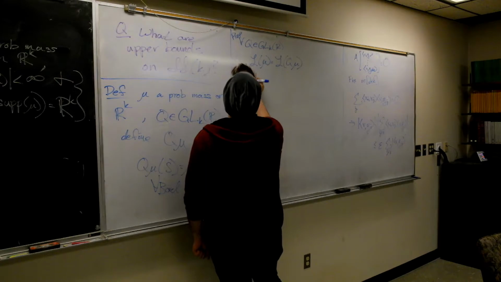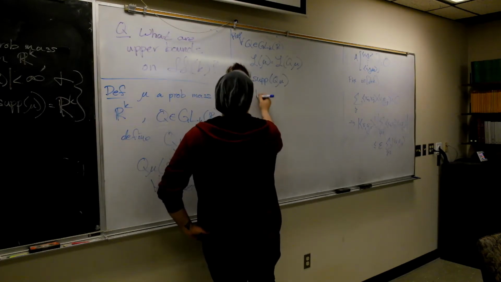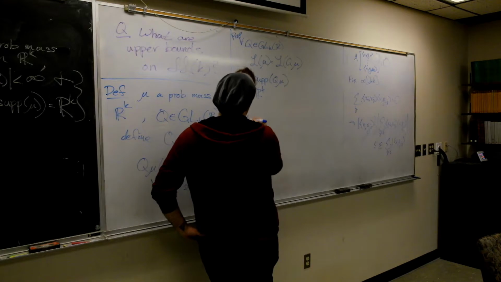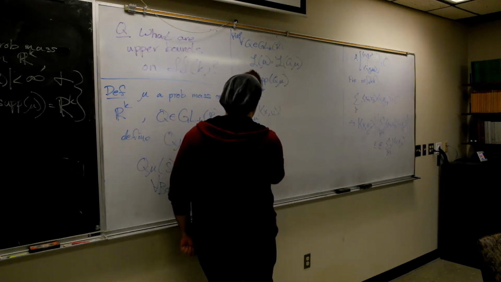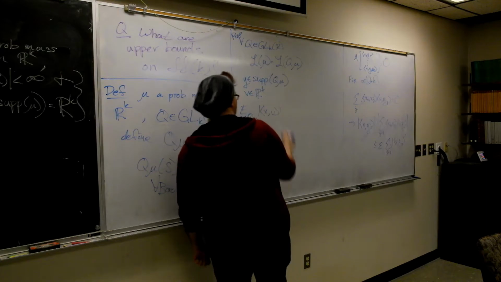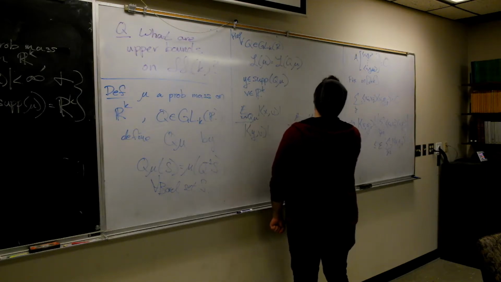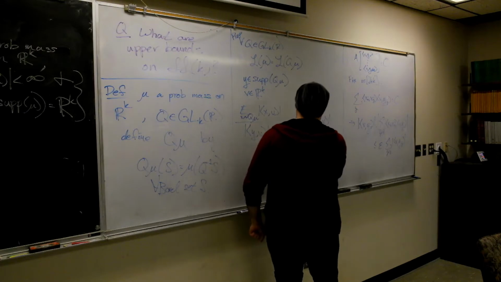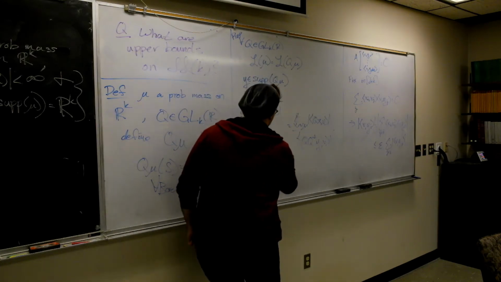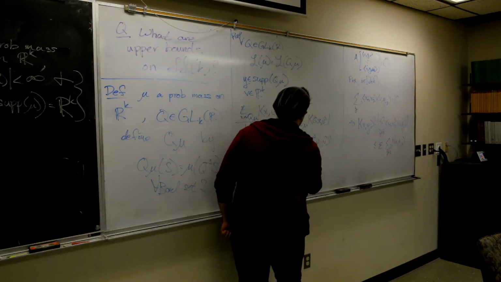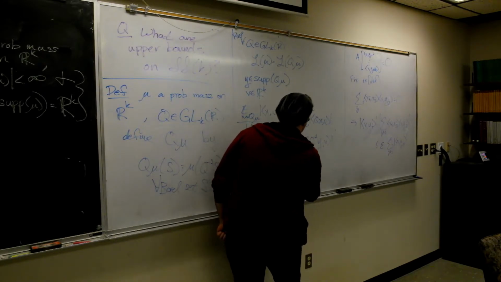If I give you any y in the support of Q mu, and any v in R^k, well, the expected value, if I take x distributed according to Q mu, I could just pass the Q inside, and now have x distributed according to mu of Qx times v, by definition, divided by the absolute value of the inner product of Q inverse y and, just passing the Q to the other side, Q transpose v.